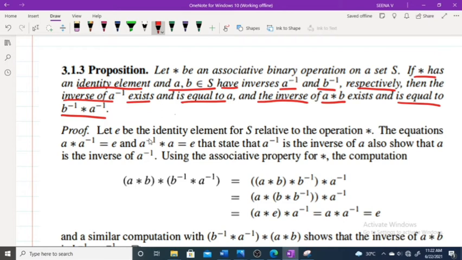That is, the result says that A inverse has an inverse and this is equal to A, and the inverse of A star B equals B inverse star A inverse.